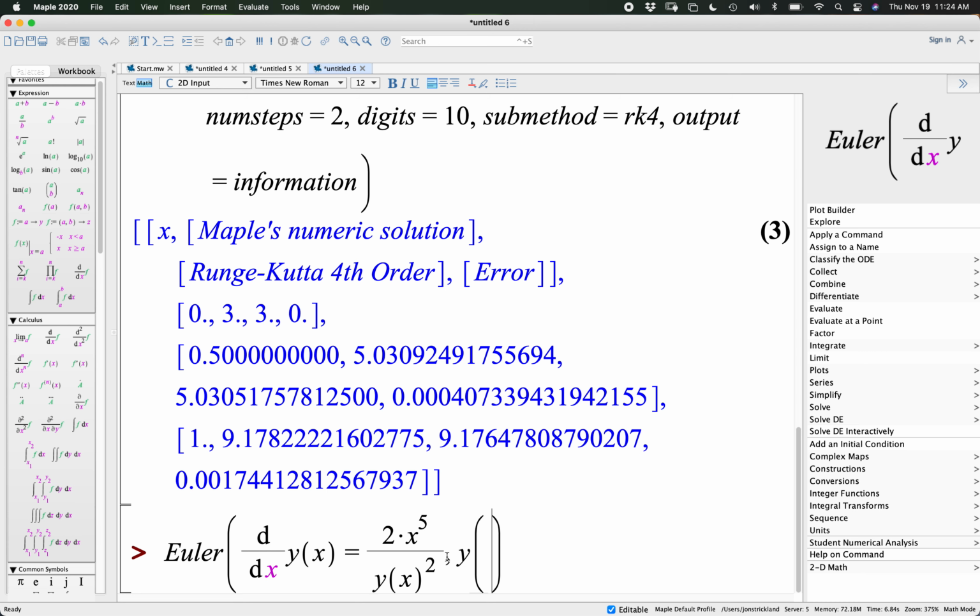Again, we have that y of 2 is equal to 3, and we're going out to x is equal to 4.